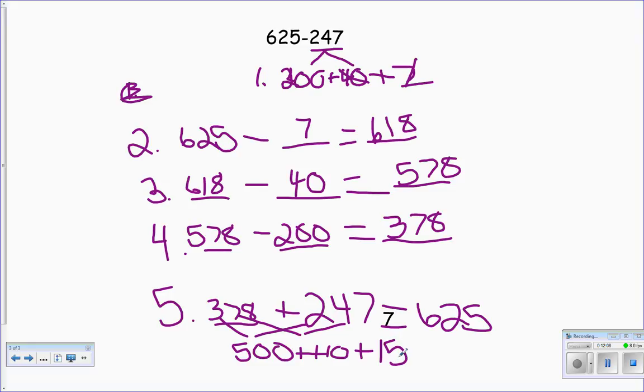Now we have to do some shifting around. We know 500 and this 100, that's going to be 600. This 10 and that 10 is going to be 20, and then I only have these ones to deal with, so that's 5. So 625 was our answer, correct? Looks like it was. 378 is what is left when we take 247 from 625.